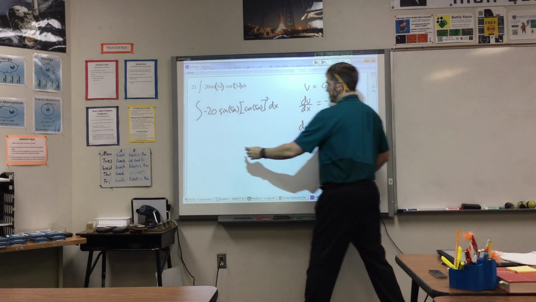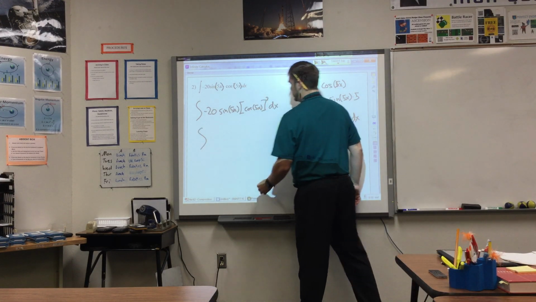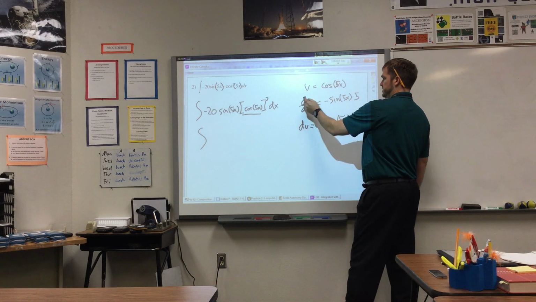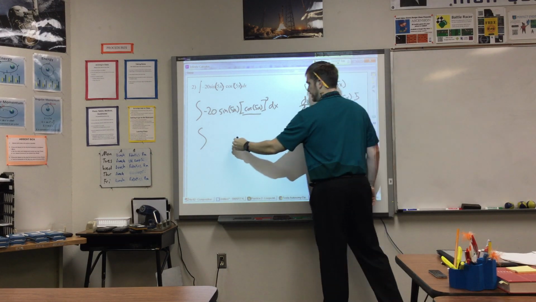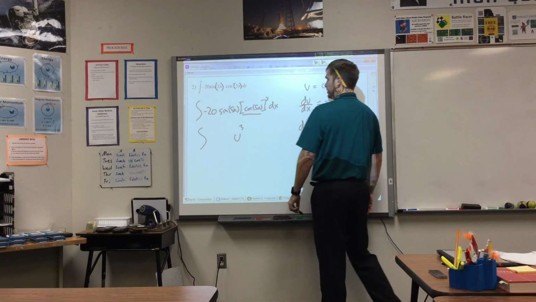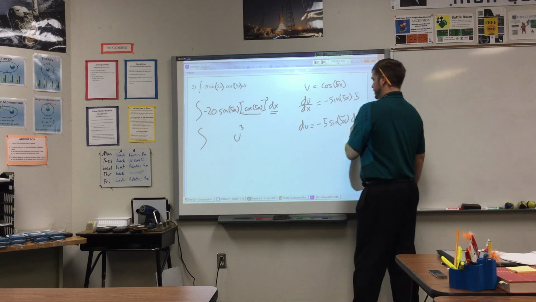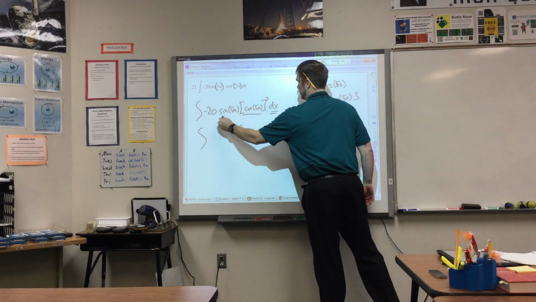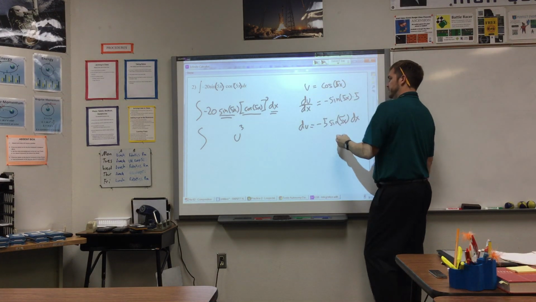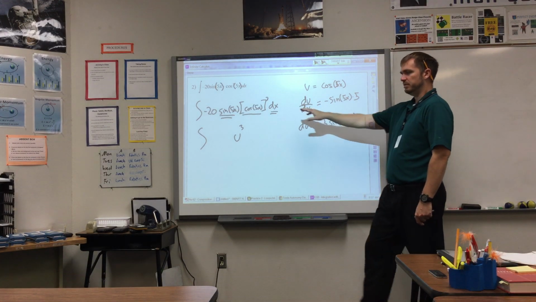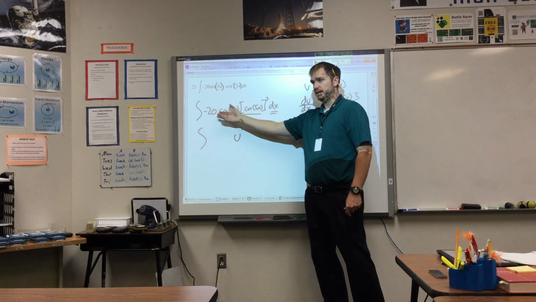So if we go over here now and look and see what we can substitute, we've got the cosine 5x. We're going to replace that with a u, so that's u cubed. The dx we've got accounted for right here. The sine of 5x we've got accounted for right here. But notice my multiplier here is a negative 5, and my multiplier there is a negative 20.